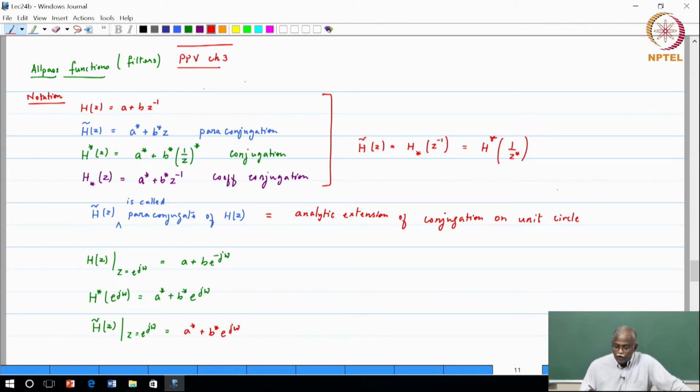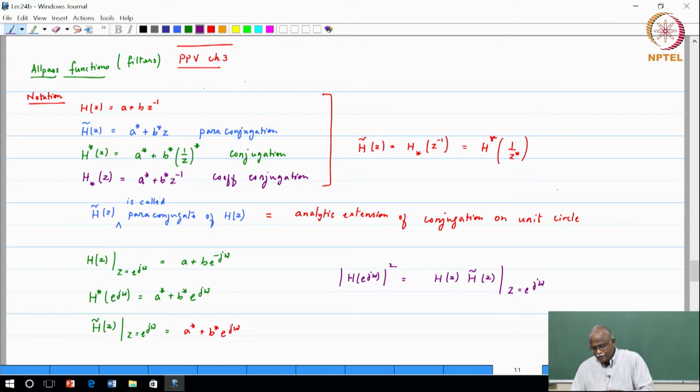So, one of the things that we are often interested in the design of filters, once we start trying to impose these magnitude constraints, is the magnitude of H of e to the j omega squared, and this can be written as H of z, H tilde of z, at z equal to e to the j omega. Saying that something is the analytic extension of conjugation on the unit circle takes it to the next level.